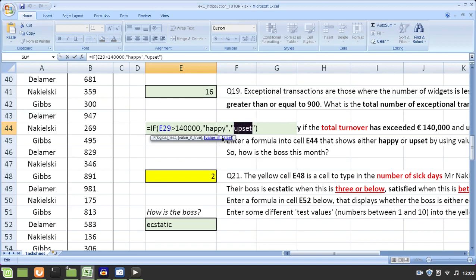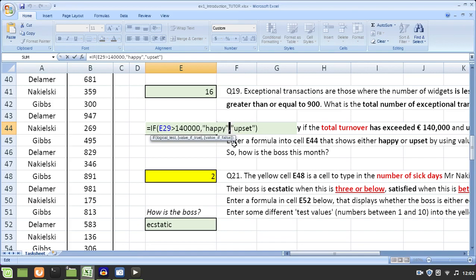So just to recap on if statements, we have an if, a logical test, a happy, and an upset. Now I'm using the English version of Excel, and that means that we use commas between the different parts of the if statement. So you'll see one there, and there's also one here.